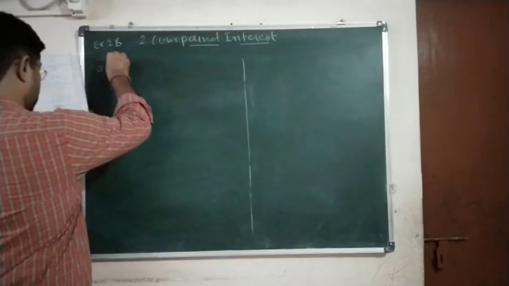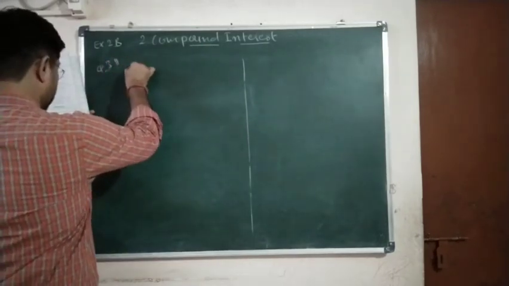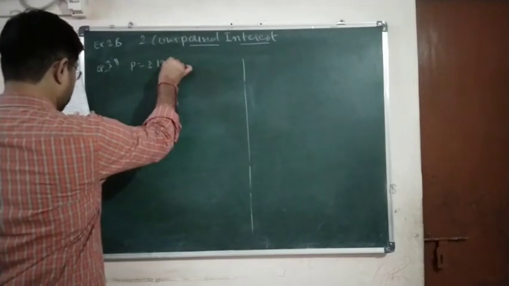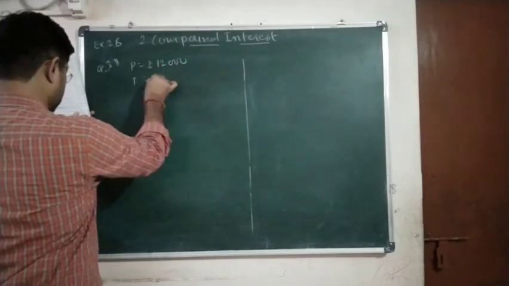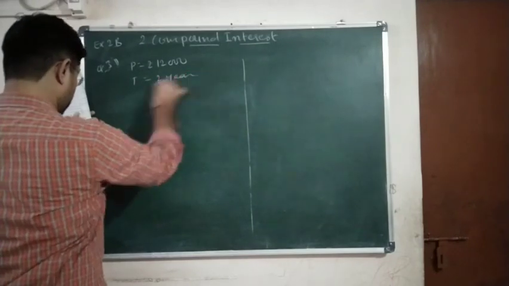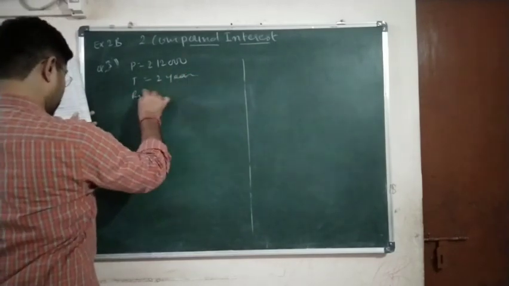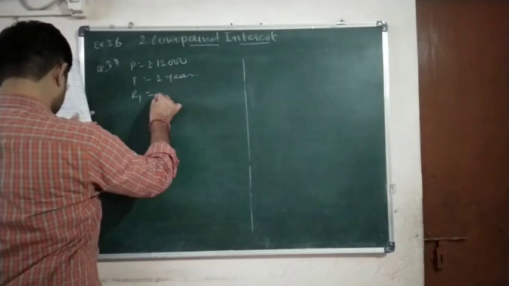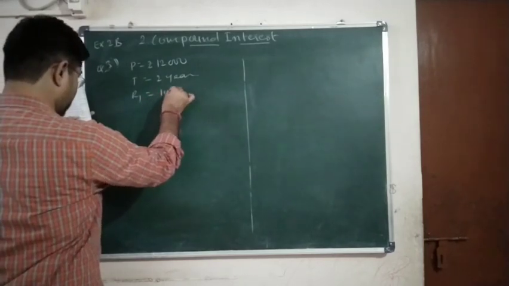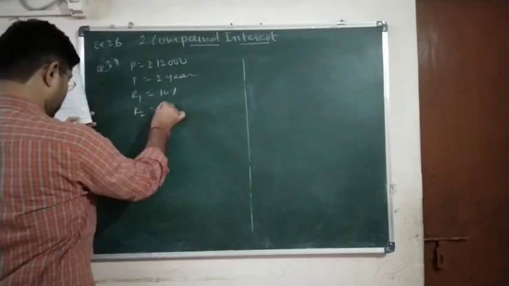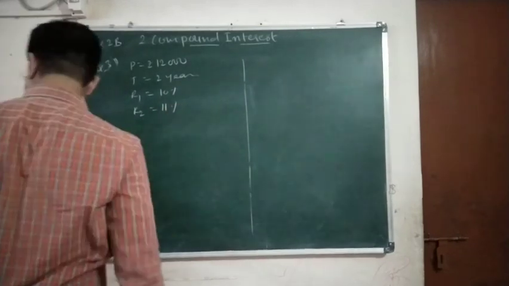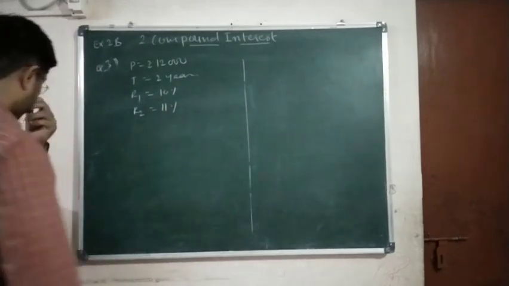Question number 3. Principal is rupees 12,000. Time is given 2 years and rates R1 and R2 for two successive years. R1 is 10% and R2 is 11%. So we can use the formula.